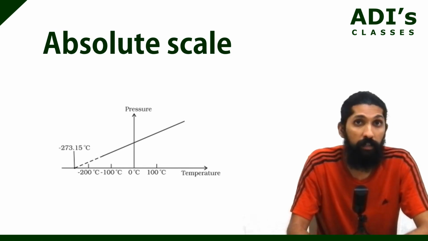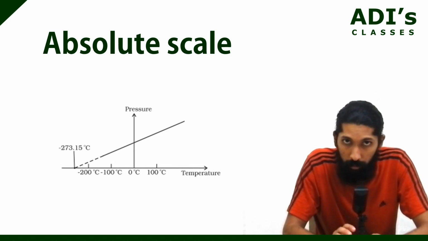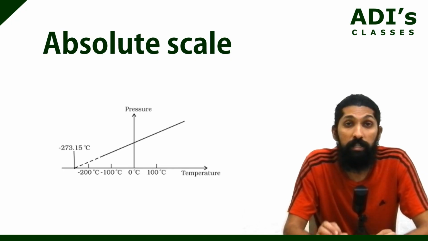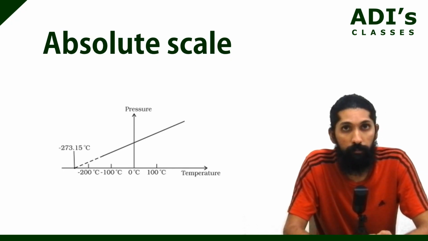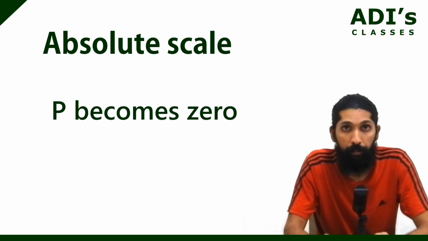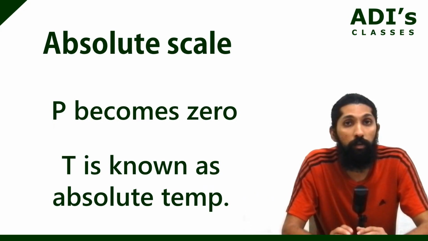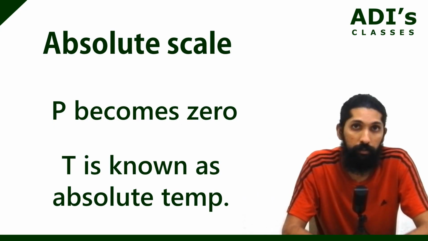Now, in an ideal gas, if pressure is equal to zero, the temperature of that gas is called the absolute temperature. Nothing in this universe can go less than this absolute temperature.